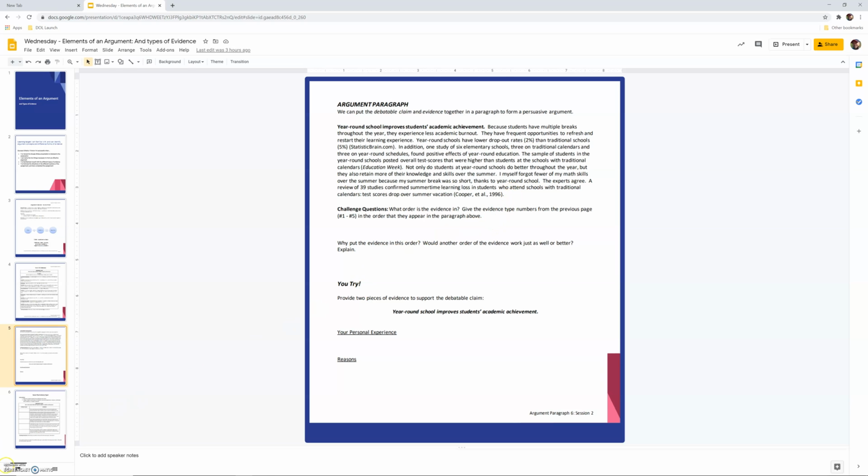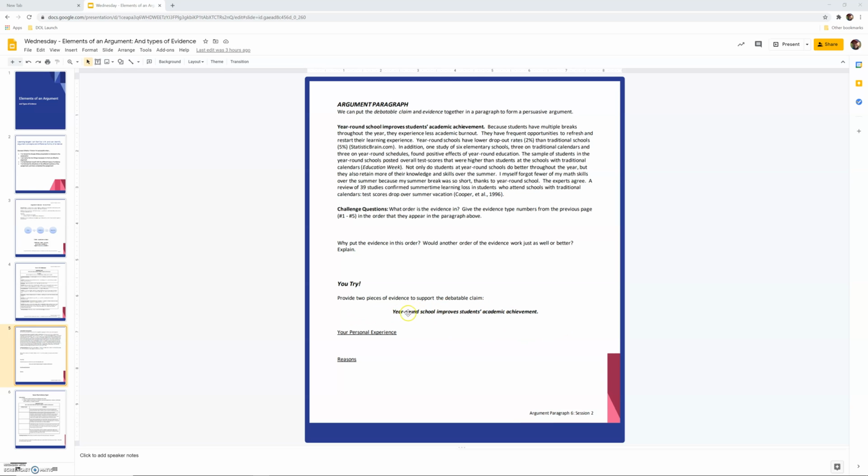After you've done that, you need to critically think: why would the author include the evidence in that way? Would another order of the evidence work just as well or better? Explain. Use the RACE strategy, please. Then you're given a debatable claim right here in bold.